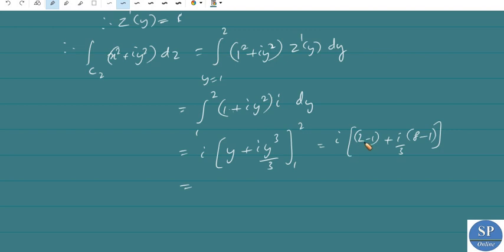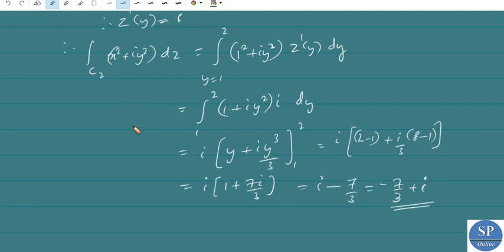So this is equal to i into 1 plus 7i by 3. Multiplying this by i, we have i, and i into i is i square which is negative 1, so minus 7 by 3. So minus 7 by 3 plus i is the value of the integral along c2.